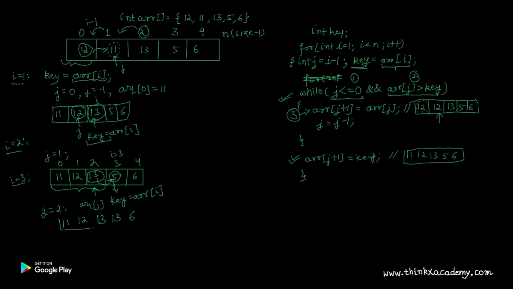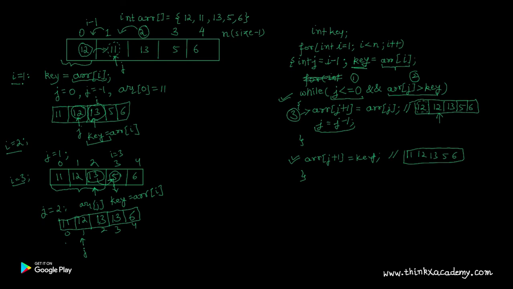So since 13 has been copied to the next position, and we know that we will have to insert 5 also, the value of j will get decremented by 1. So since j was equal to 2, now j will become equal to 1. So this is 1, 2, 3, 4. So j will be pointing to this position.